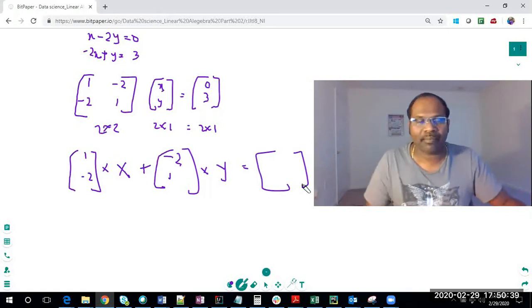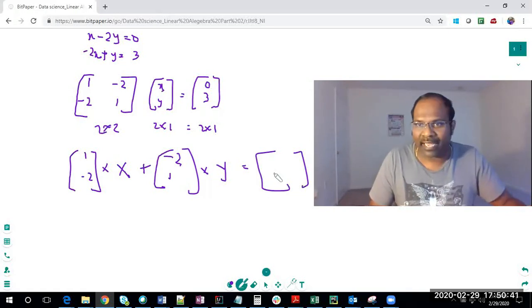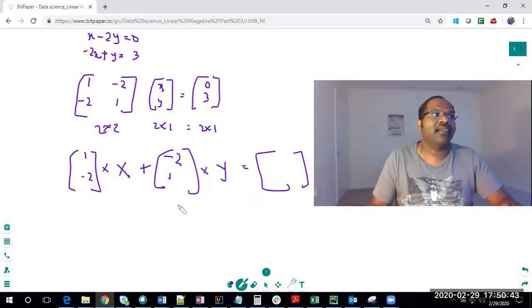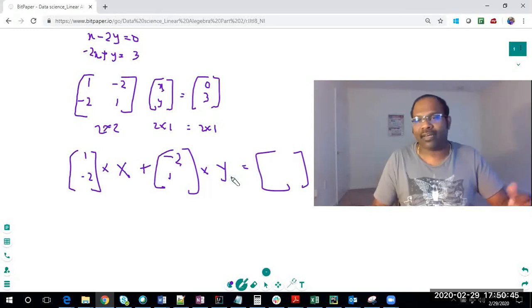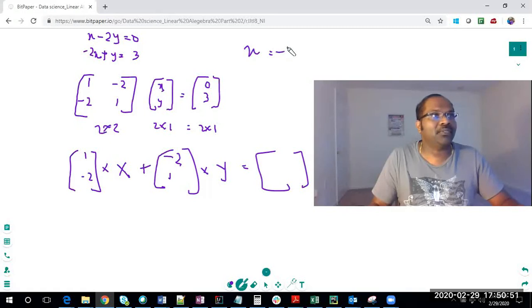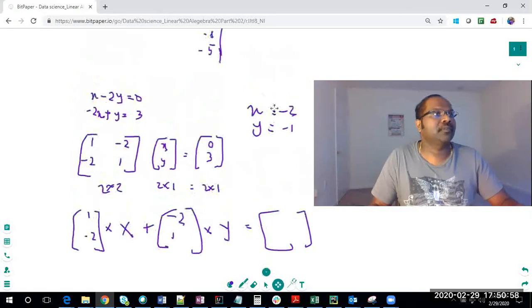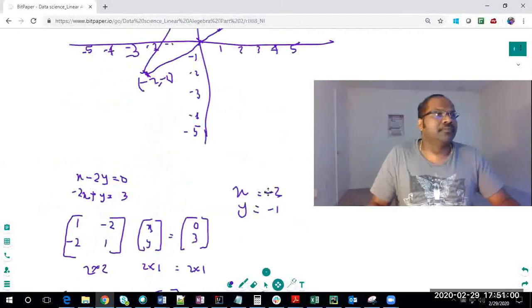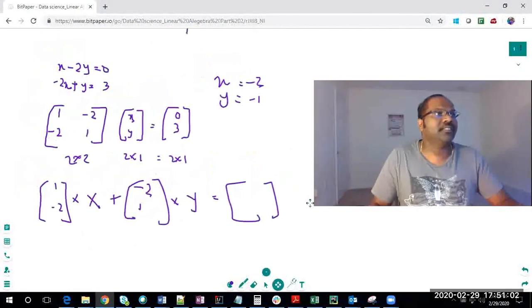We don't know the right side part, so let's keep it blank for now. We'll try to find out the right side. And we already know what x and y are from our row representation: x is equal to minus 2 and y is equal to minus 1, correct? So this is our value here.